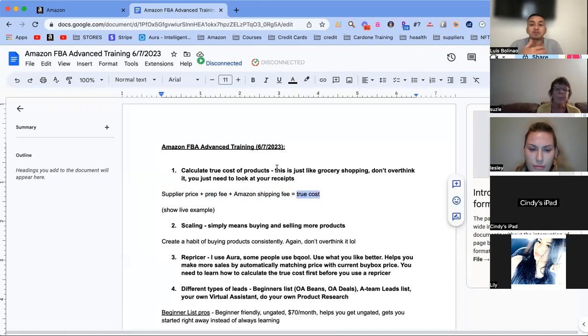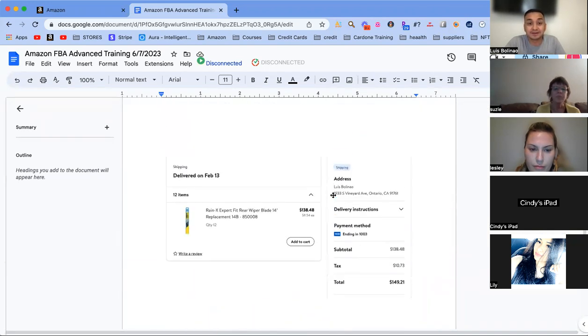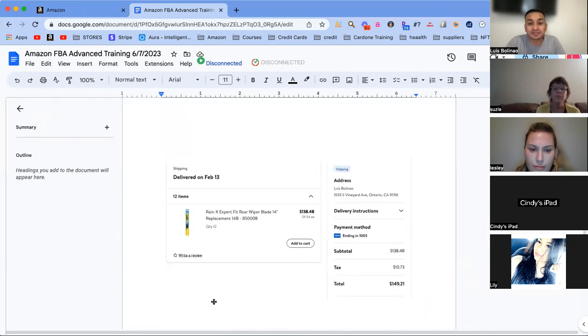So this is just like grocery shopping. You go to a grocery store and you get a long receipt, and you have to calculate the cost of your products. So don't overthink this process. All you have to do is look at receipts. Got it? The receipts meaning, for example, a Walmart receipt, right?